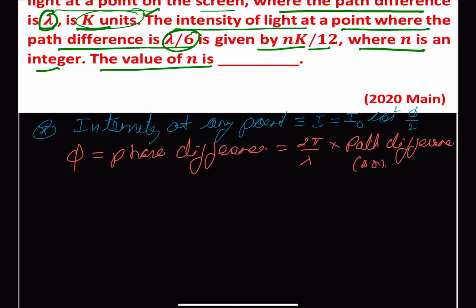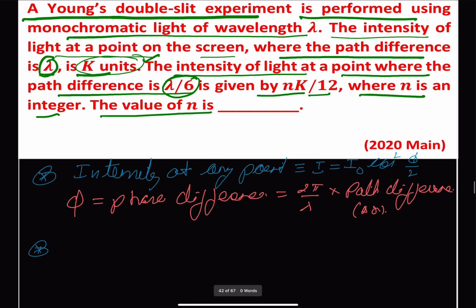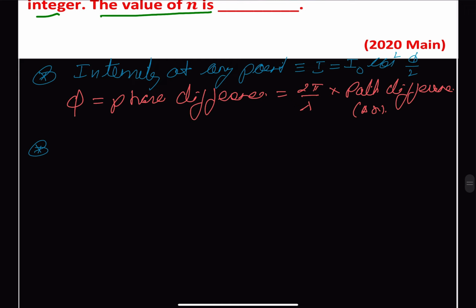So we are given that when the path difference delta x is equal to lambda, let us suppose the phase difference is phi 1, and this is called delta x1.